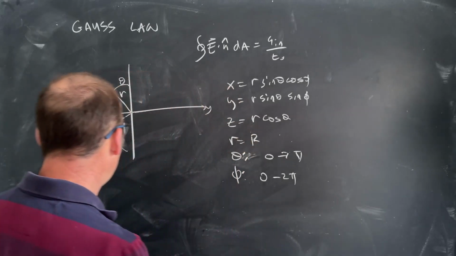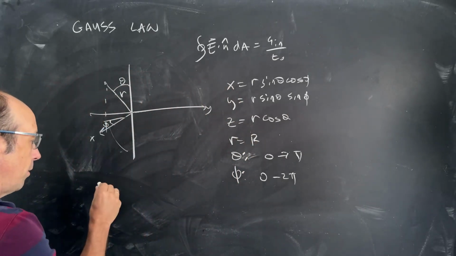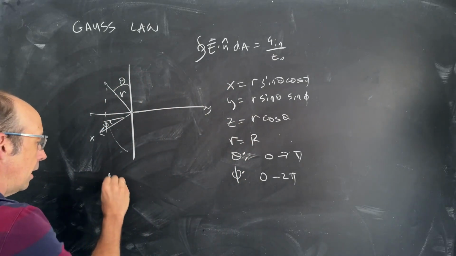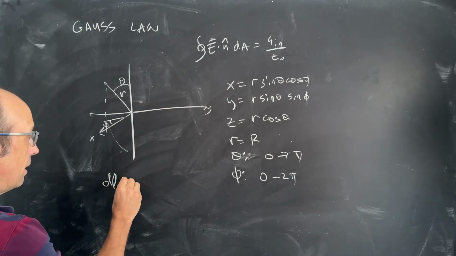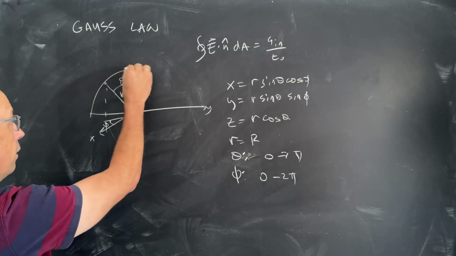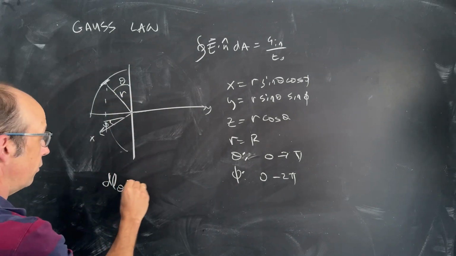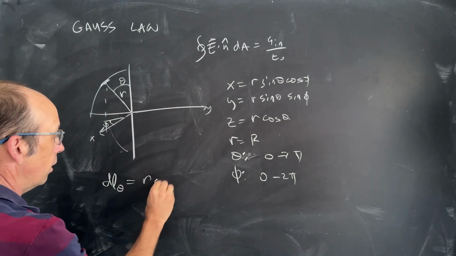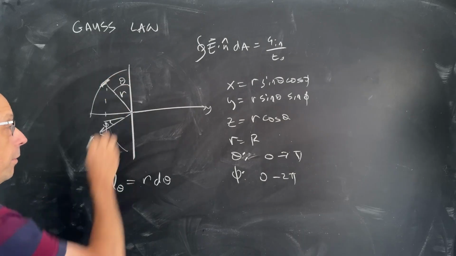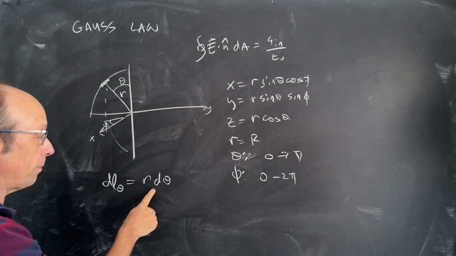Remember the length element in the theta direction. It's just part of a circle, so this is going to be equal to r d theta. That's the arc element of that circle, so that's my length element.